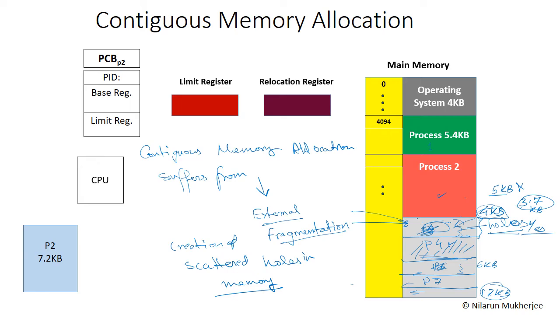So there comes a point: where should I put a new process when there are multiple options? That is, multiple holes are there. So we need some algorithm for that.